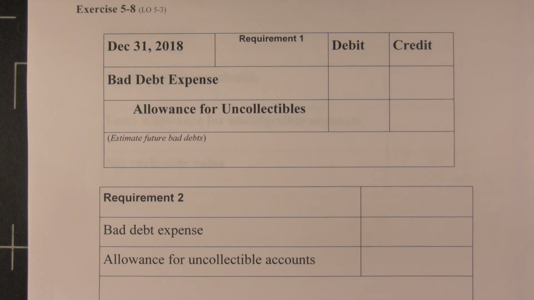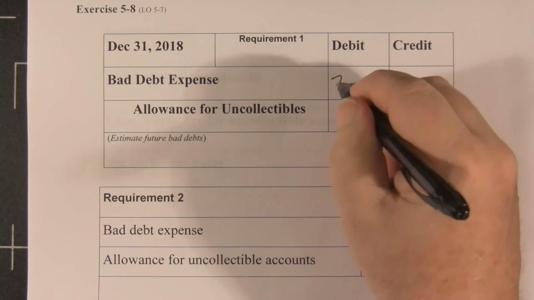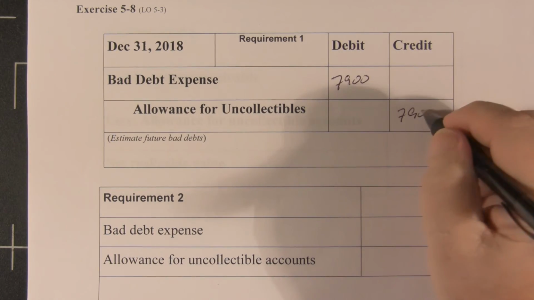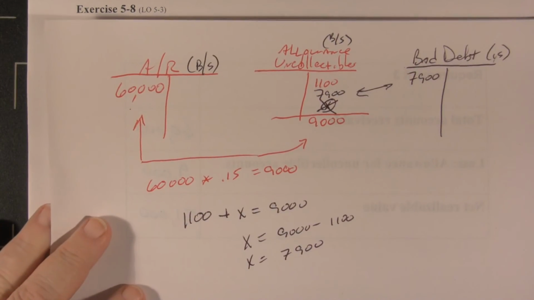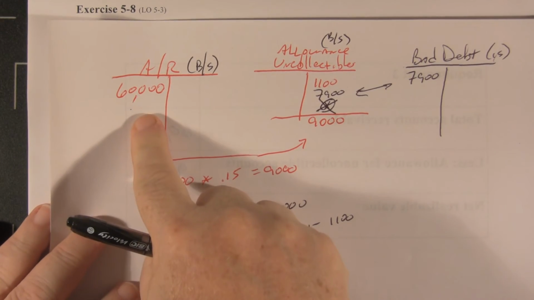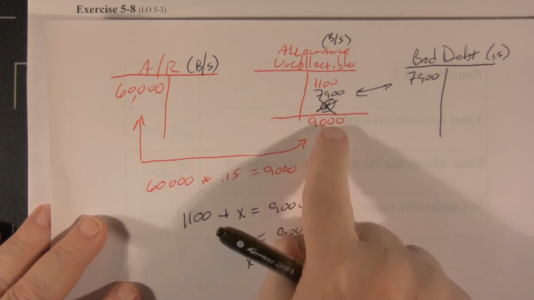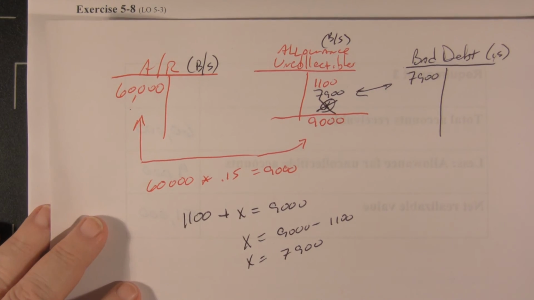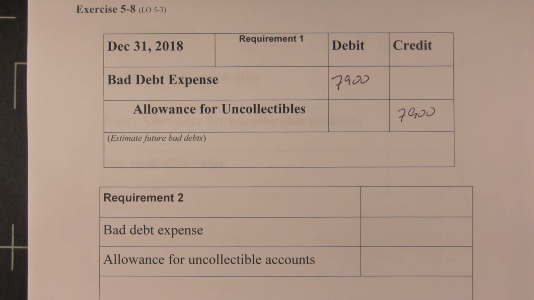So we have bad debt expense, 7,900. Allowance for uncollectibles, 7,900. That's 15% of accounts receivable minus the 1,100 we already had. Is what we need for this year.